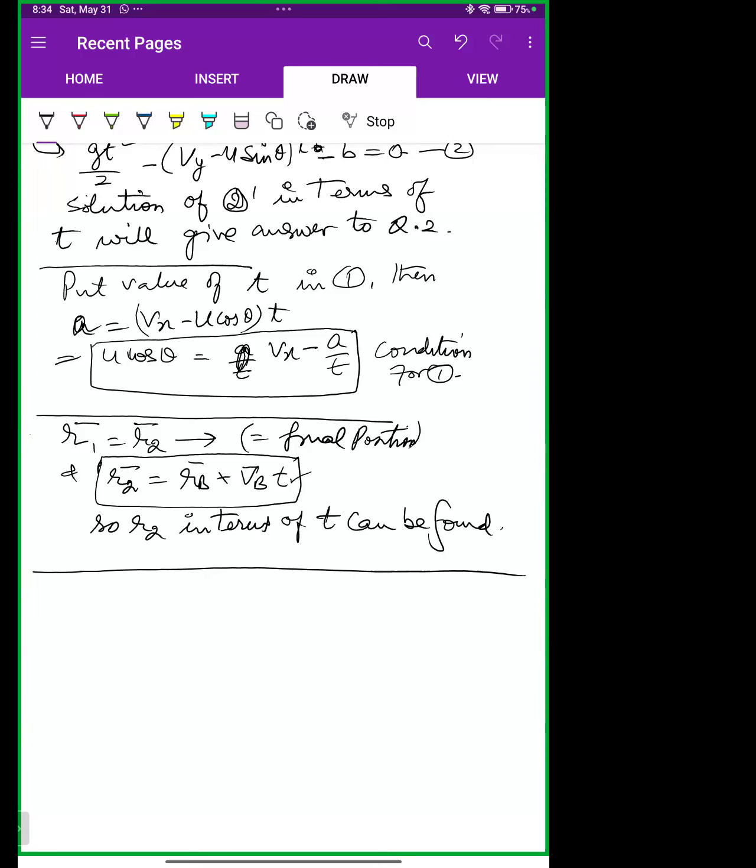Anyway, I am writing that coordinates of a particle moving in a plane are given by, example 2, x is equal to a cos pt, where t is equal to time, so x as a function of time. Y again as a function of time is equal to b sin pt.